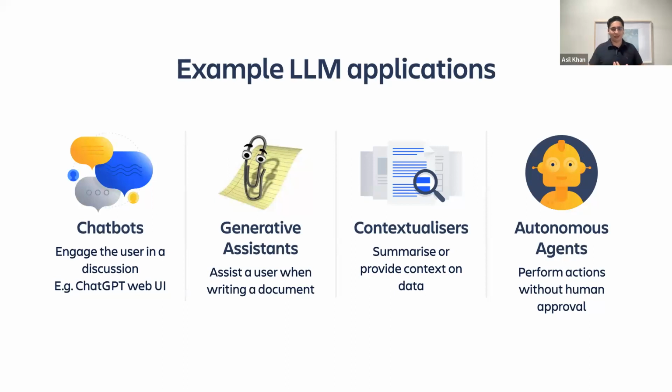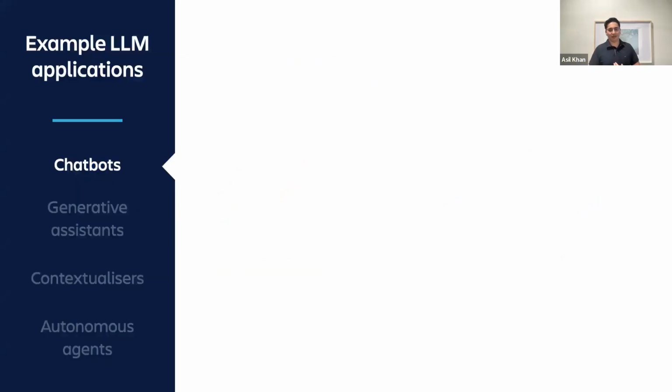Or they can be used as a contextualizer to summarize or provide context on a large data set. You can use it to query everything in a database, form connections, or you can use it truly autonomously to perform actions without human approval, as one API in a wider application context. In the next few slides, I'll talk about some of the architectures for these applications, starting with chatbots.